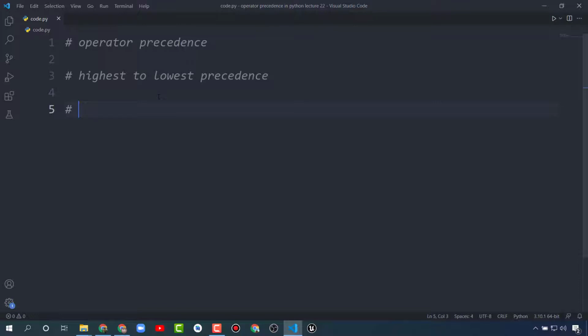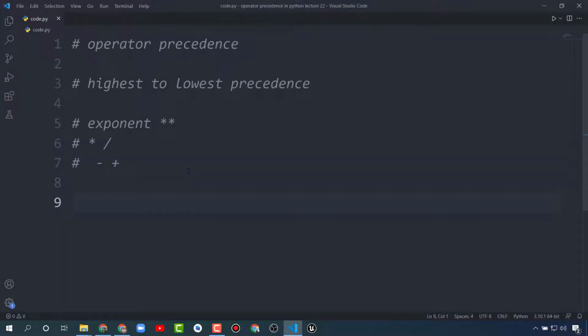The highest precedence goes to the exponent, that is the double asterisk, and then multiplication and division, then subtraction and addition.